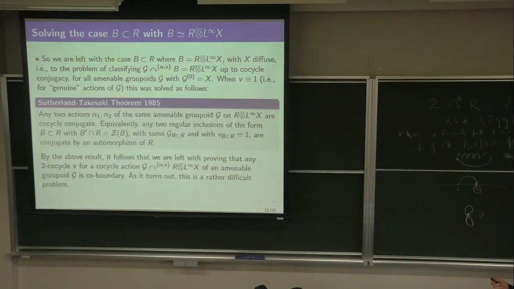That comes from Ocneanu's theorem, okay? We want to do this same thing for fields of II1 factors, measurable fields with groupoid actions, with groupoid cocycle actions. So it's really a significantly more complicated problem.